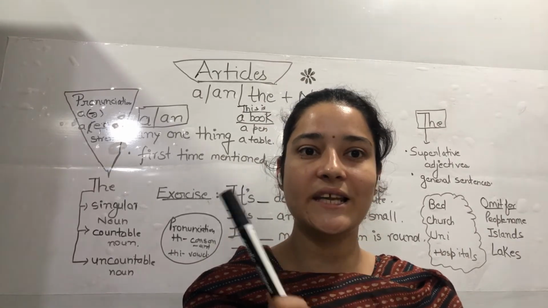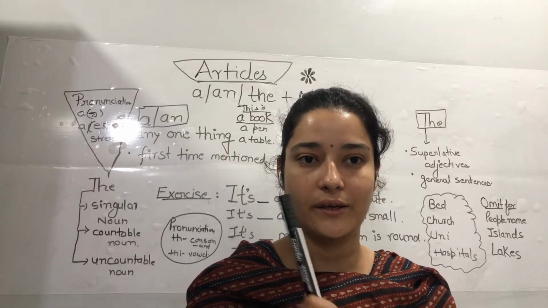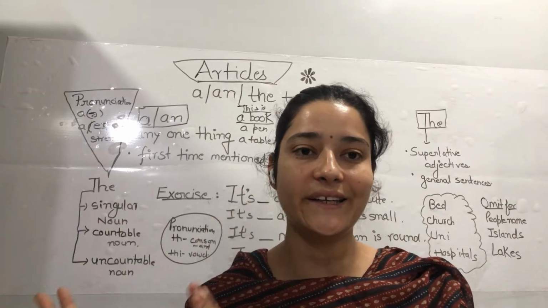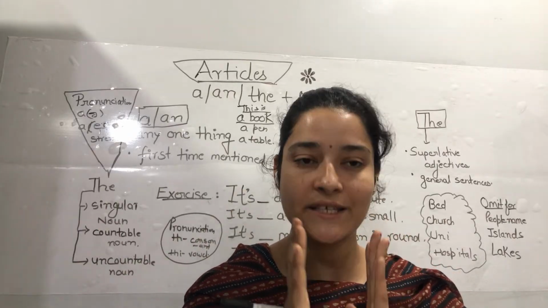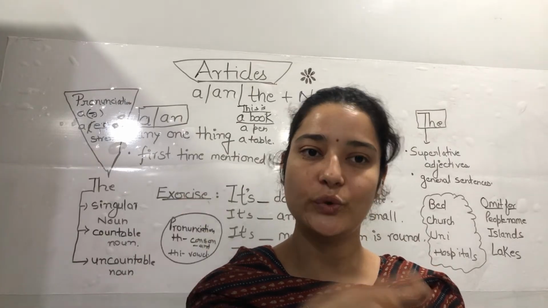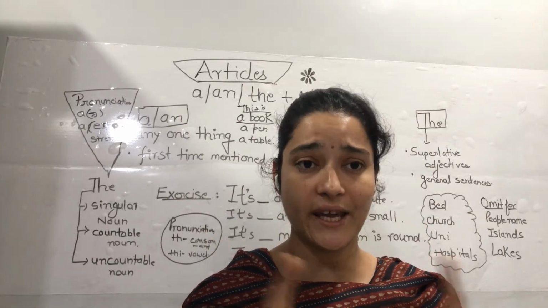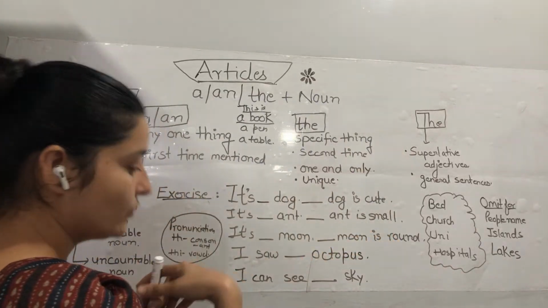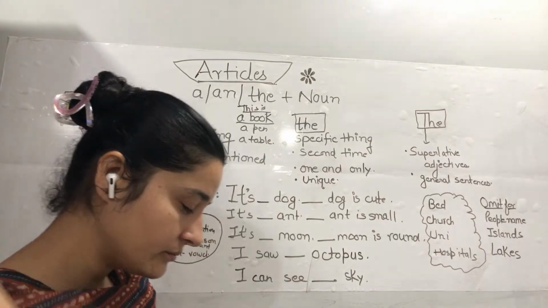But then I'll say this marker is the black marker. So anything that is mentioned the first time, always a will be used, and if anything is mentioned for the second time, the will be used.